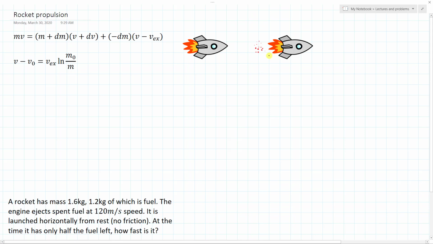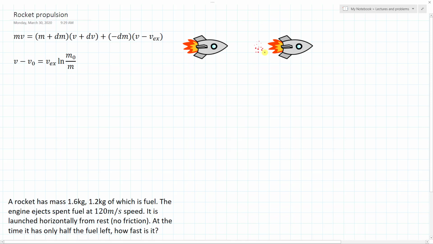So in order to use momentum conservation, we need to identify a before and after collision situation. That collision, or the reverse of a collision, which is an explosion, is this. Imagine the spent fuel was still with the rocket, so the whole rocket with that spent fuel has a total mass m, and then a moment later the spent fuel was ejected with a relative velocity v sub ex, exhaust.